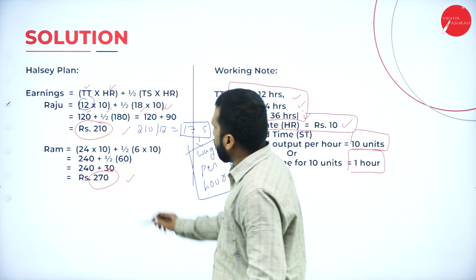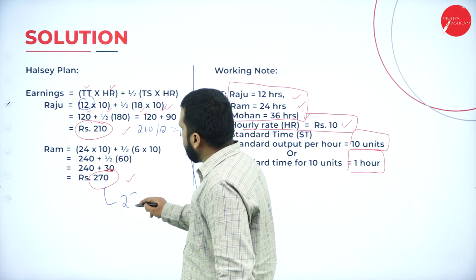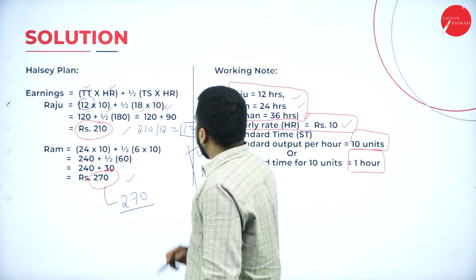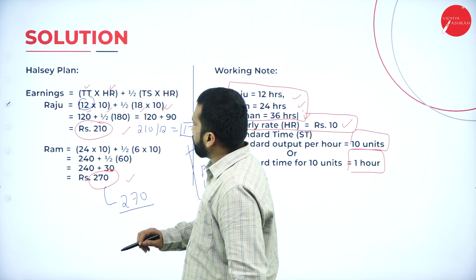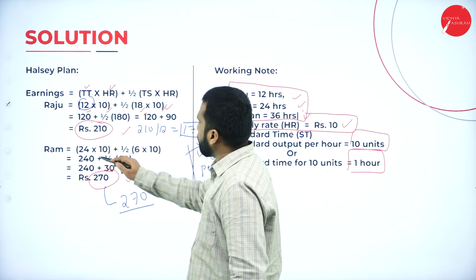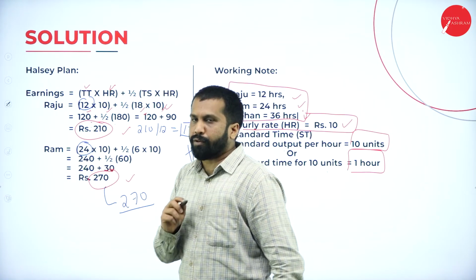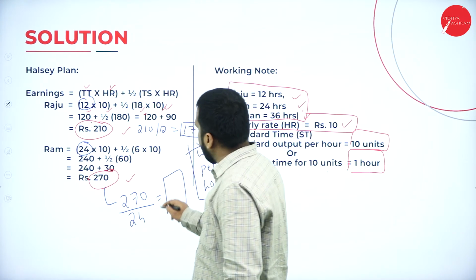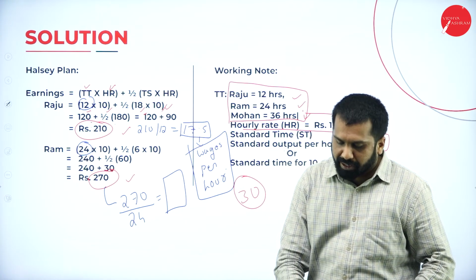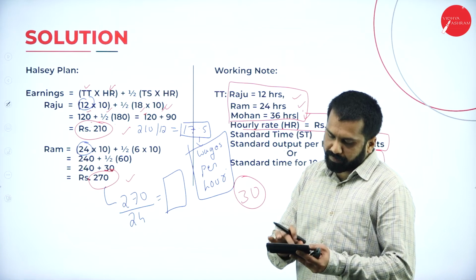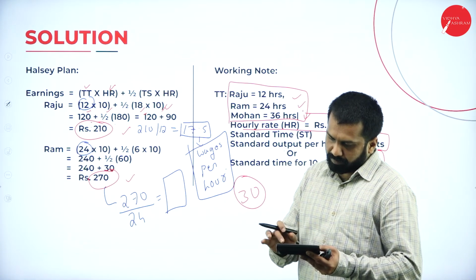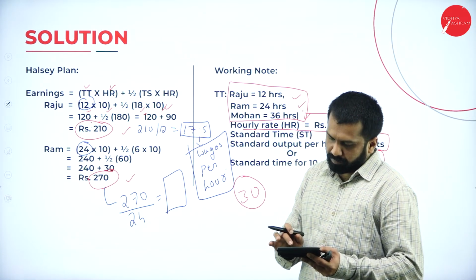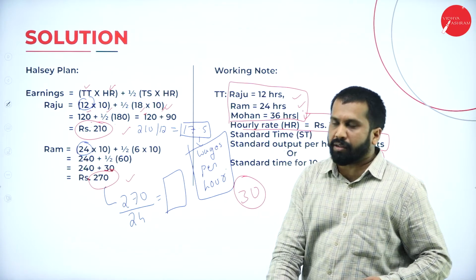Similarly, you have 270. 270 divided by, what is the number of hours here? The number of hours he used, 24 hours. Divided by 24, you will get 270 divided by 24, 11.25.